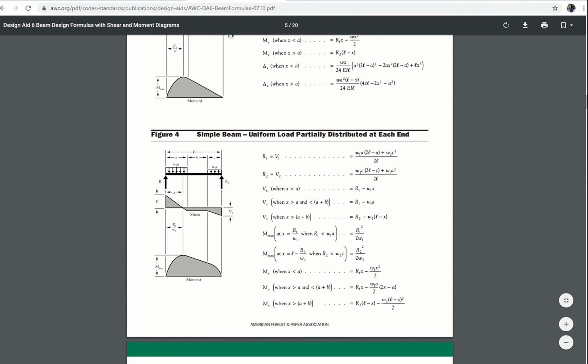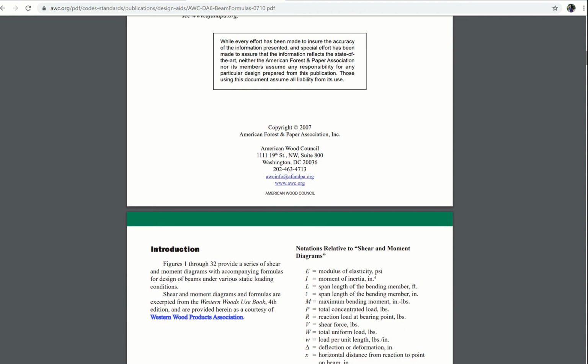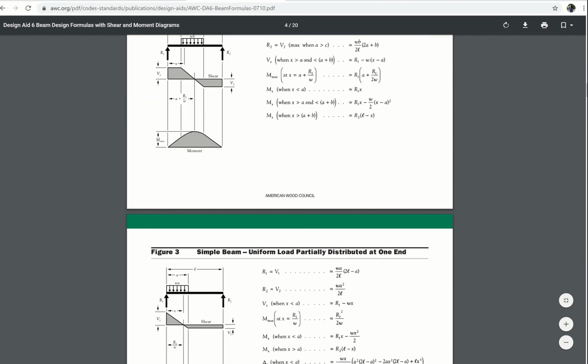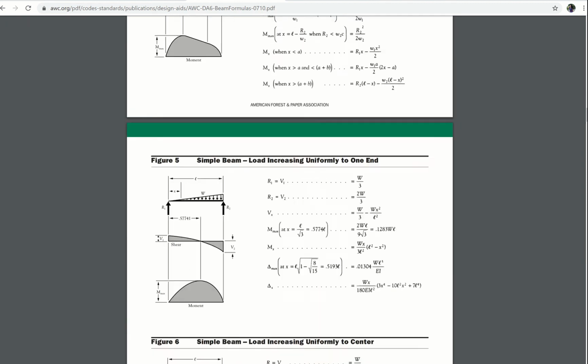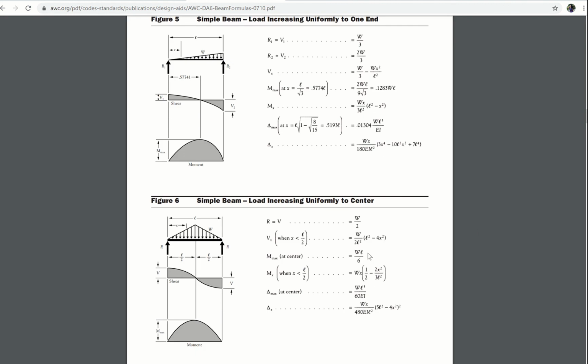That's omega A. Okay, it's total uniform load. So it's not our omega. And we know that total uniform load is going to be the roof over one joist, right? Or the roof weight over one joist. Okay, so now we know. I'm glad we stopped for a moment to figure that out.